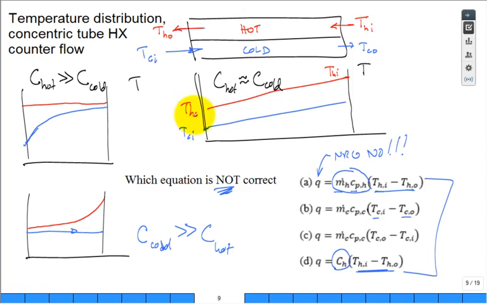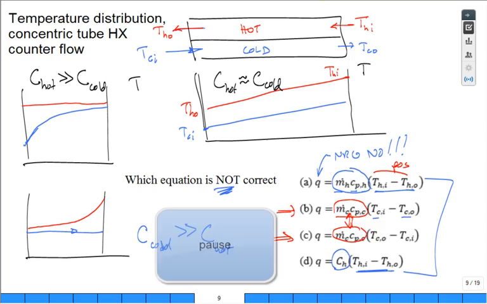Temperature hot out is less, so this is positive right there, isn't it? Okay, then we have the mass flow rate, specific heat of the cold, mass flow rate, specific heat. These are the same, so it's something about the temperature difference. One of these is an error. Either B is an error or C is an error. New question. Don't choose A. Do not choose D. Which one is wrong, either B or C?